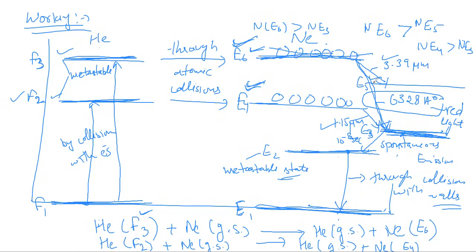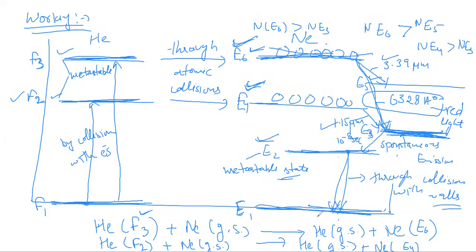You cannot afford to have larger number of atoms in E3. So that is why E2 के atoms को you need to bring them back to the ground state. And that is where the narrow tube comes into the picture.